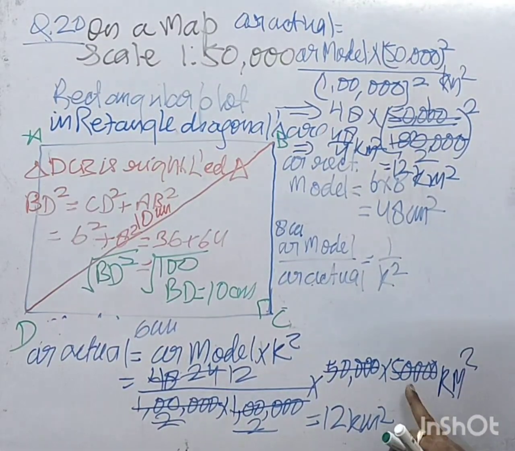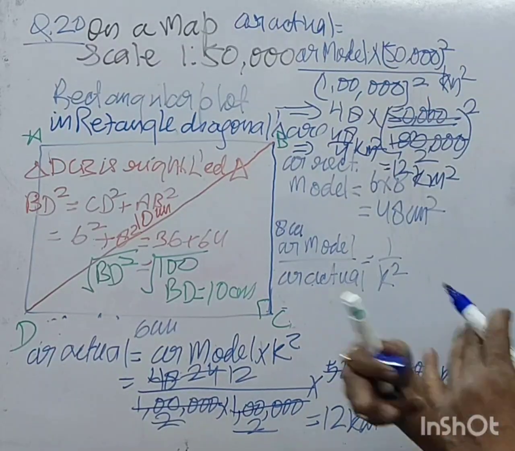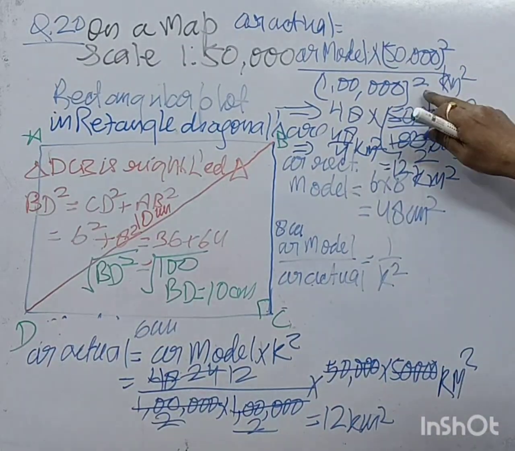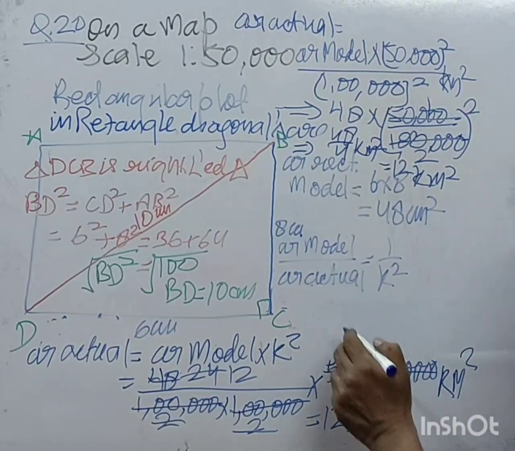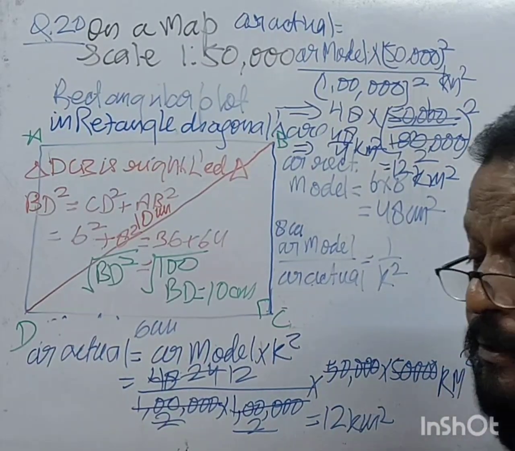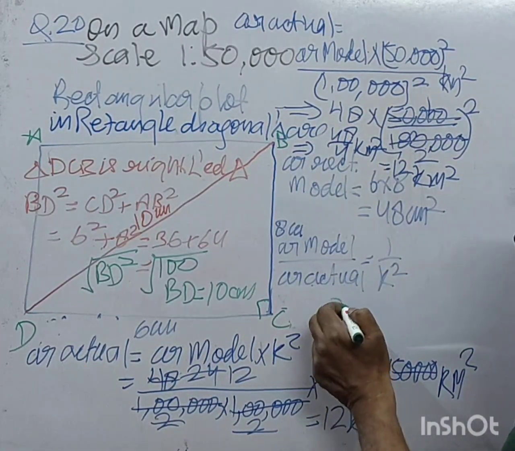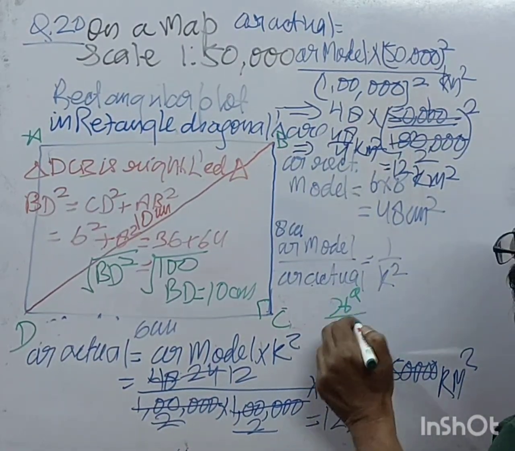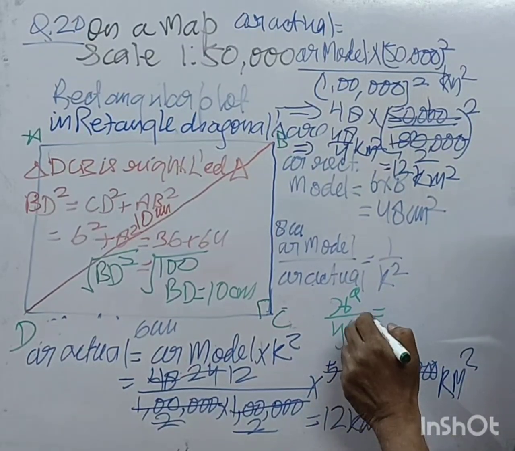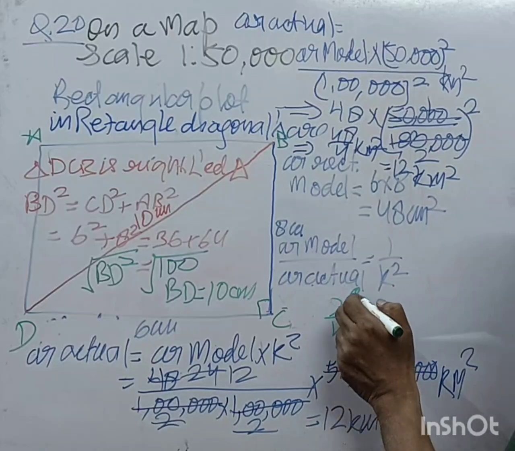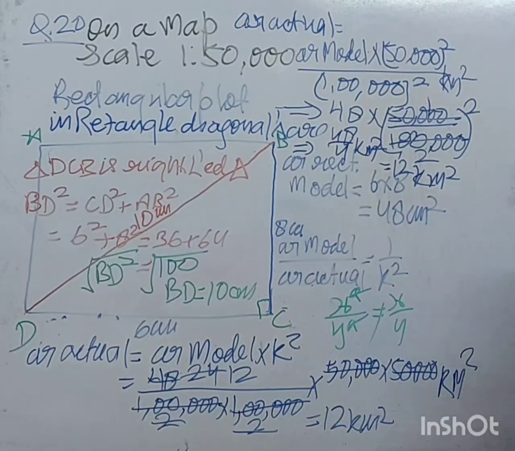When we talk about exponents, if I said x raised to the power a upon y raised to the power a, they will not cancel out. It will not be x upon y.